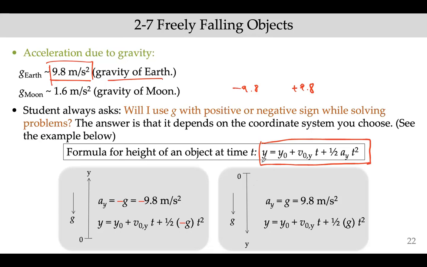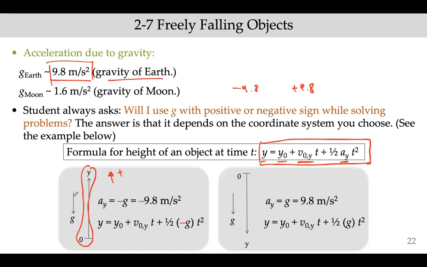So this is the height at time t. This is the initial position or initial height. This is the initial velocity, y component. And this is the acceleration, y component. Now, if the coordinate system is like this, that defines the up direction as positive.